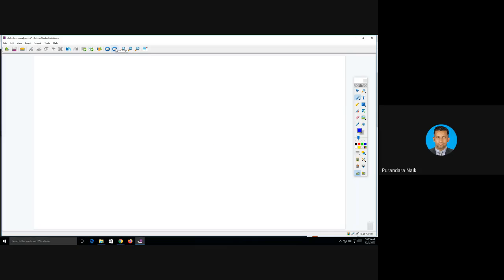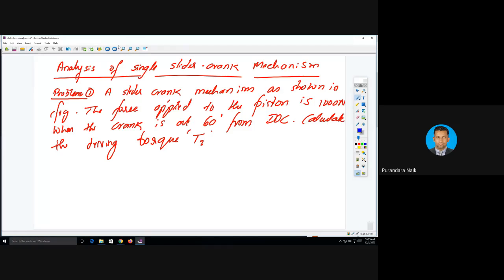Okay. So next is analysis of single slider crank mechanism. This is very, very important because we are moving on to the problems. Okay. So problem number 1, copy this. Problem number 1, analysis of single slider crank mechanism. There are two types of mechanism: single slider crank mechanism and four-bar chain mechanism.